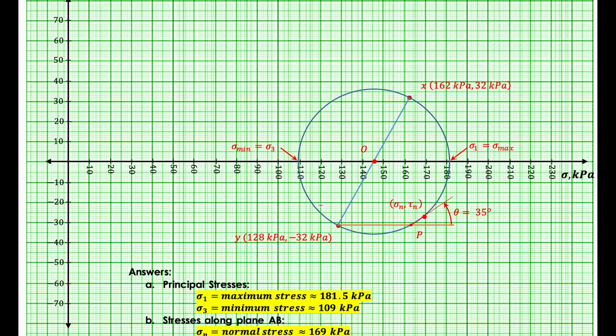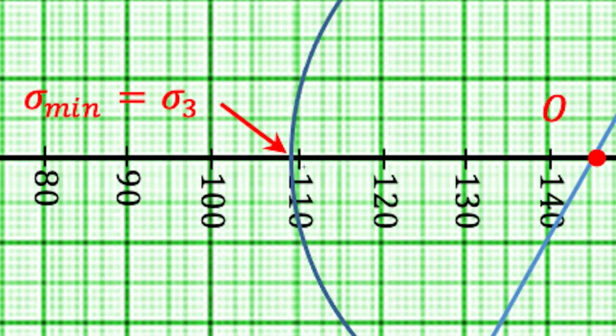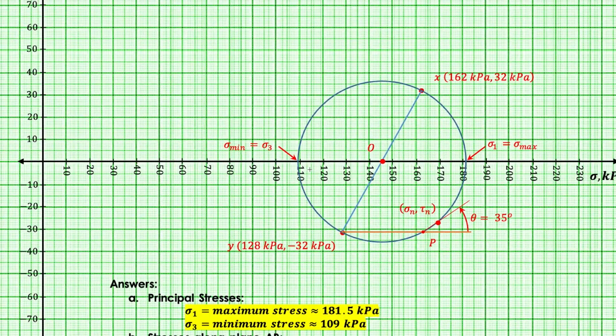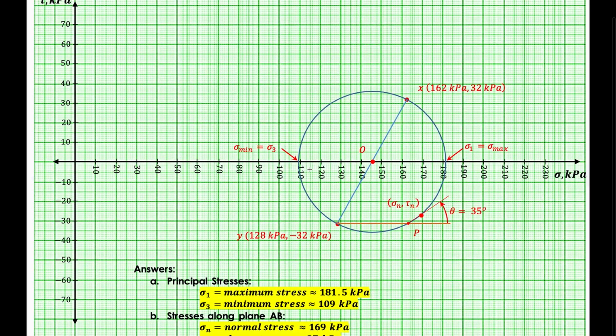Then I can now determine my sigma max, which is 181, and my sigma min, which is 109. Okay? Then here is where the pole method differs from Mohr's circle.